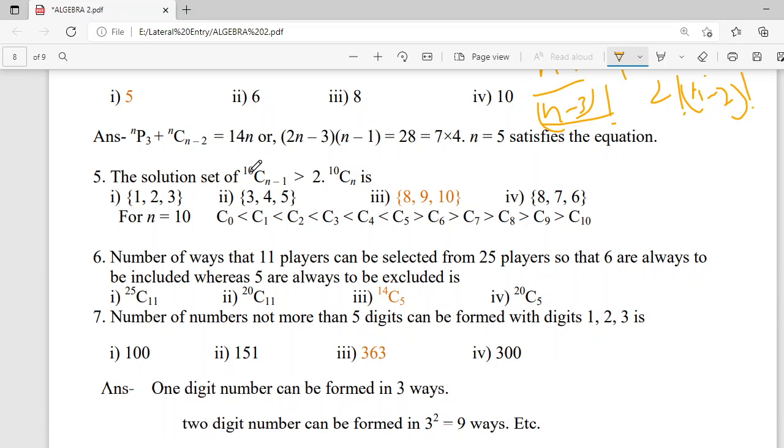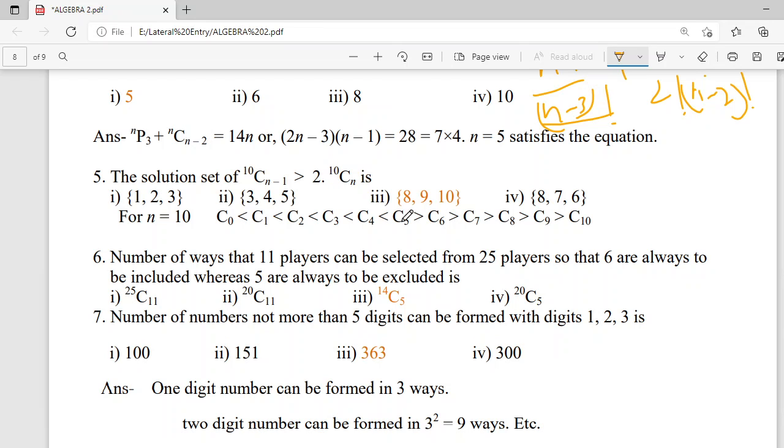So our n is 10, and then n minus 1. This one is smaller than this, which means we have to check this. If it is 5, this is 6, you check whether this is satisfied or not.